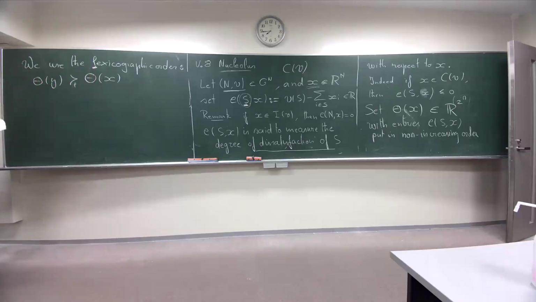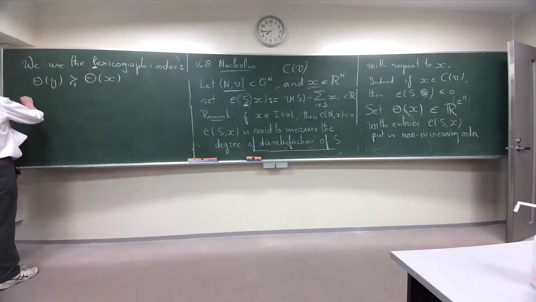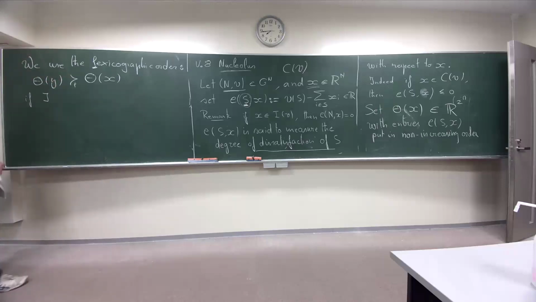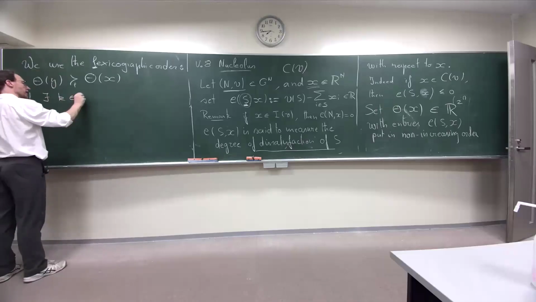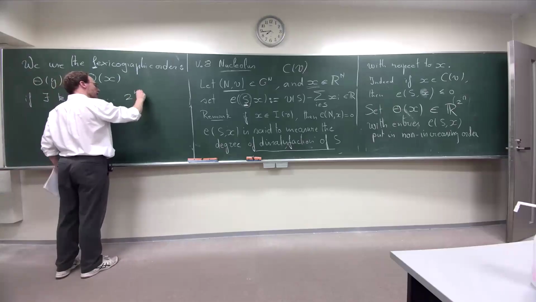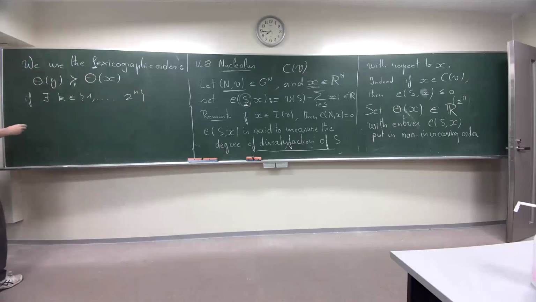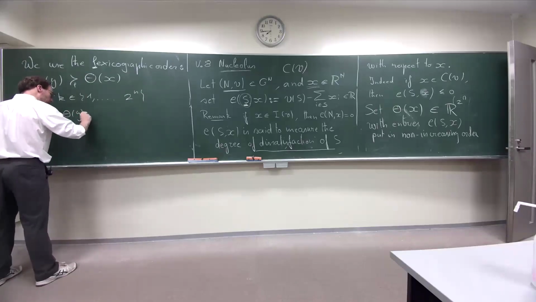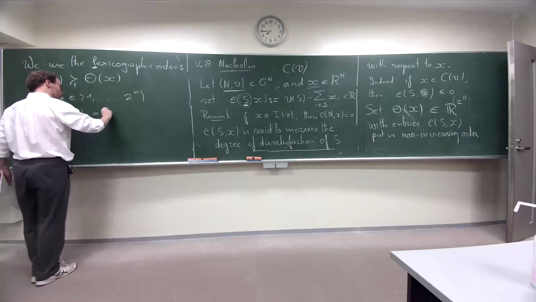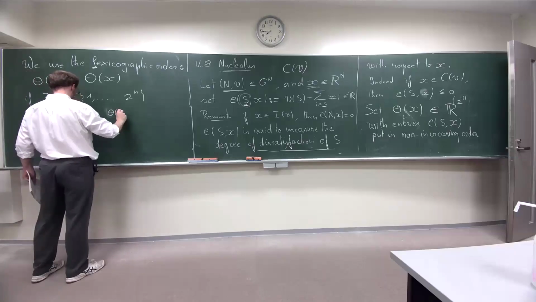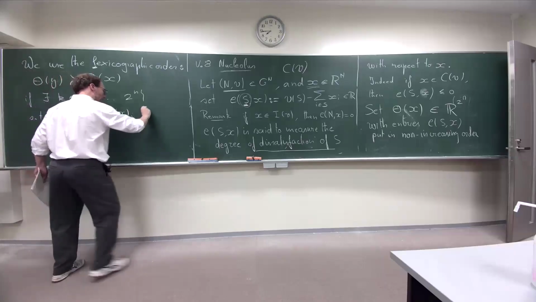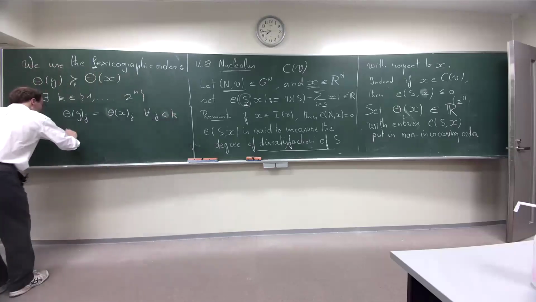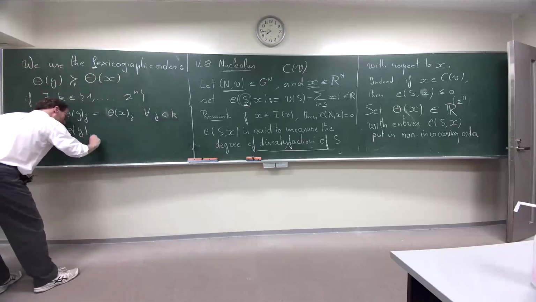So we say that theta y is bigger than theta x if, so remember, these are vectors in R^(2^n), so we have 2^n entries, if there exists a k inside the set 1 up to 2^n such that theta of y entry j is equal to theta of x entry j for any j strictly smaller than k, and theta of y entry k is bigger than theta of x entry k.